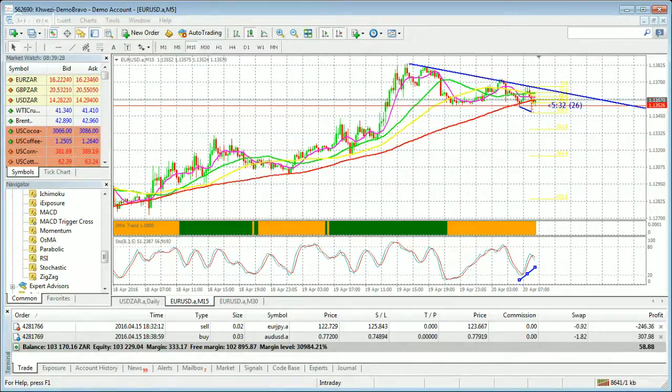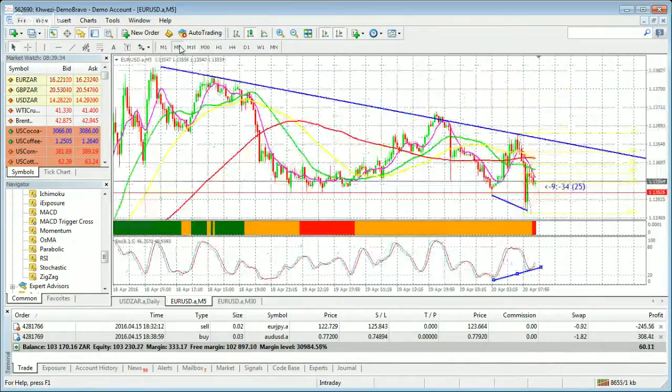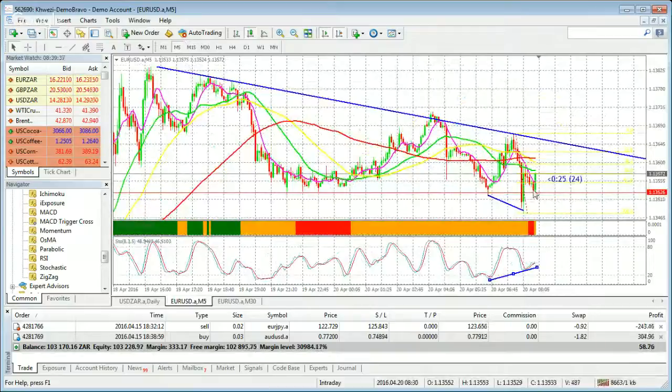Starting to push up again. Yeah, big bounce off the support level again.